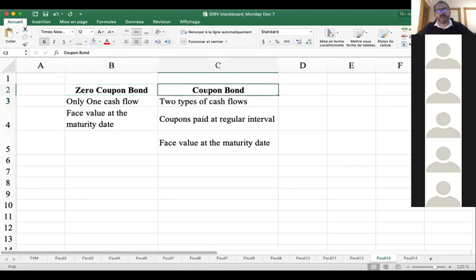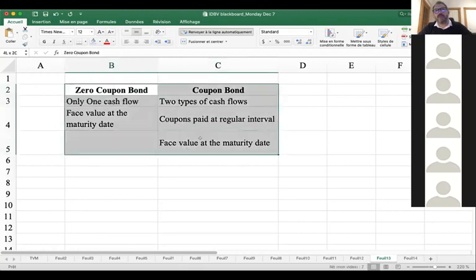And for the coupon bond, here we have not only one type of cash flow, but two types. On one hand, all the coupons, which are paid at regular intervals, like every 6 months or every 12 months. And you also receive the face value at the maturity date.